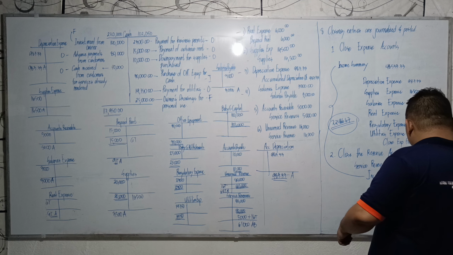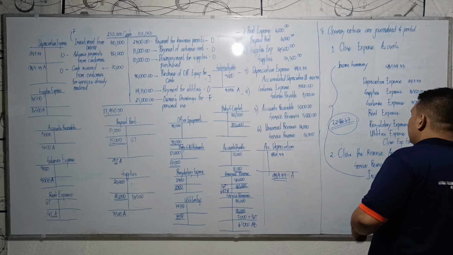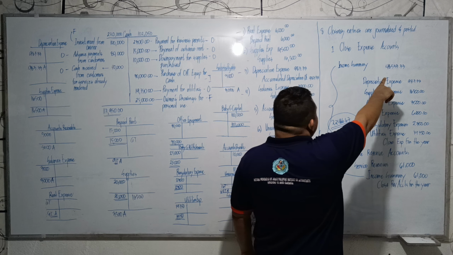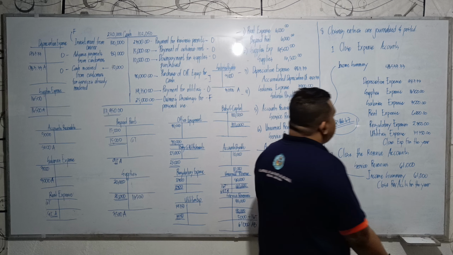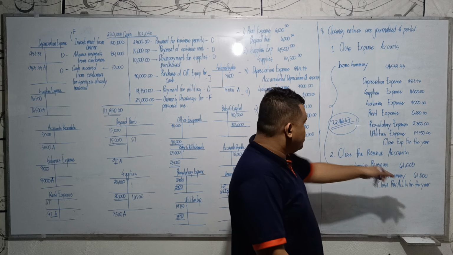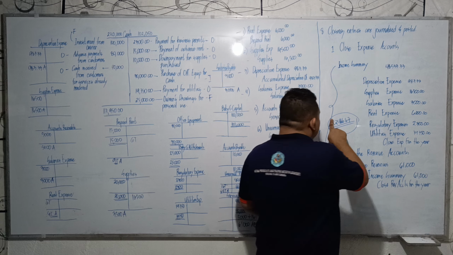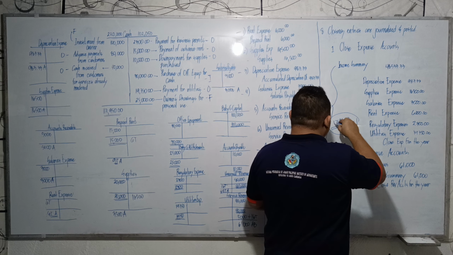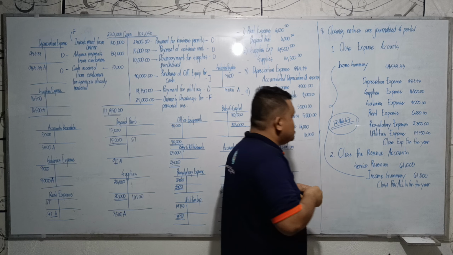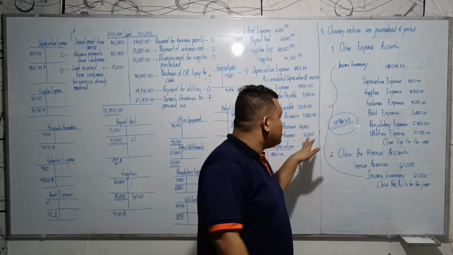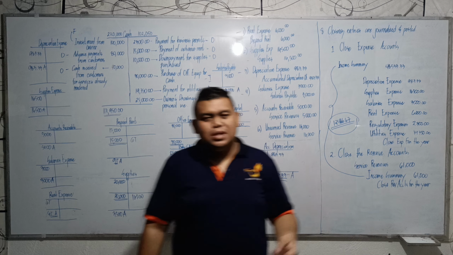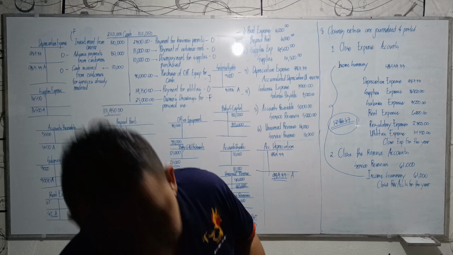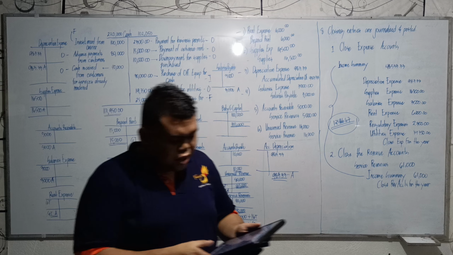So you have 61,000. That means if the debit income summary is 48,533.33 and this is 61,000, then our net income is 12,466.67. Supposedly, such income summary should match with the net income that we have.